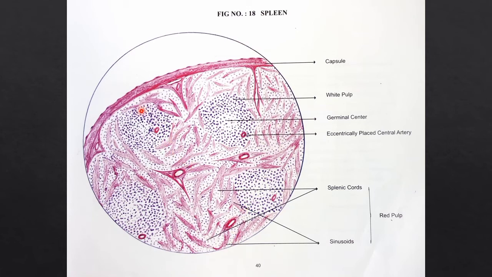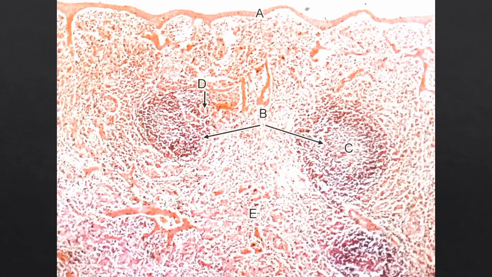In the lymphatic aggregation of the cortex you can identify an arteriole called the eccentric arteriole, and this lymphatic aggregation is called the white pulp. So the presence of the white pulp, the presence of the red pulp with the eccentric arteriole in the white pulp, splenic cords and splenic sinusoids: that is how you have to write the identification points in the spotters.